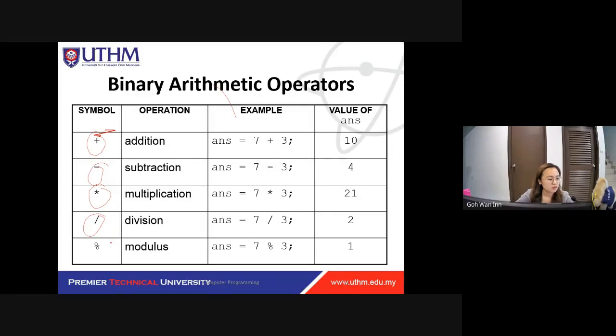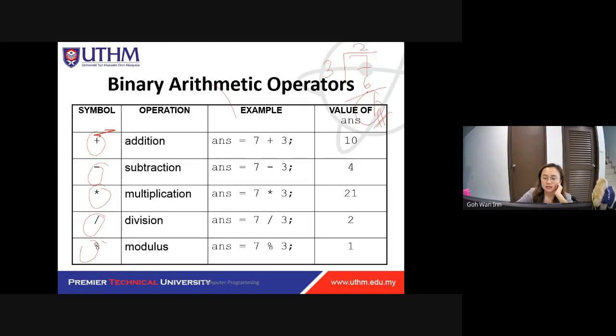But what is modulus? Modulus is 7 divided by 3 equals 1. What does this mean? Normally you say 3 times 2 is 6, and then your remaining one is the leftover. 7 divided by 3, you get the leftover 1. When these two are integers and you divide, this is the leftover.